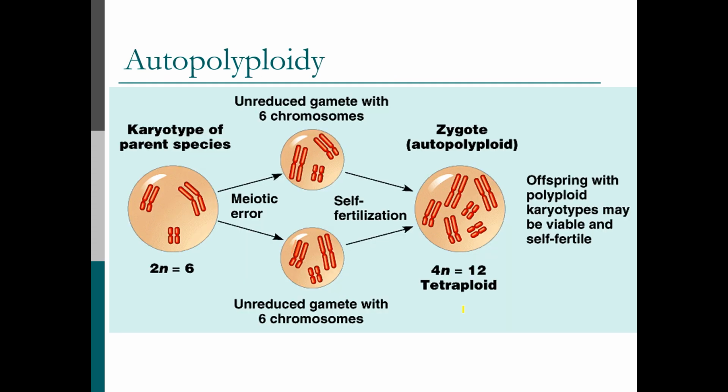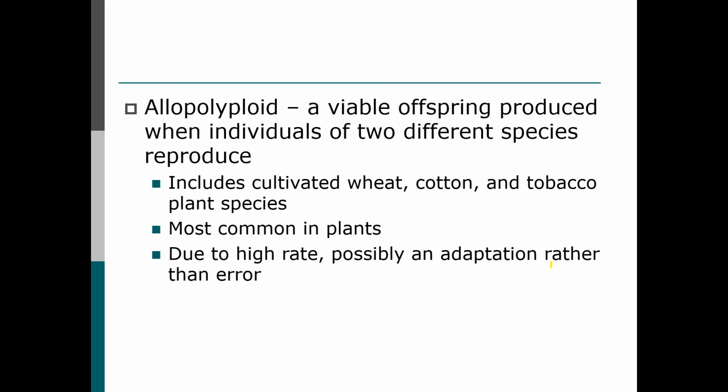Now, there's another type of polyploidy known as allopolyploidy, or allopolyploid. This is where we have two different species. So allo, I think, means different. We have two different species that somehow, due to compatibility, once again, this is common in plants, even if they have different chromosome numbers from each other, if they are able to produce an offspring, that offspring a lot of times will have a unique chromosome number different from either group.